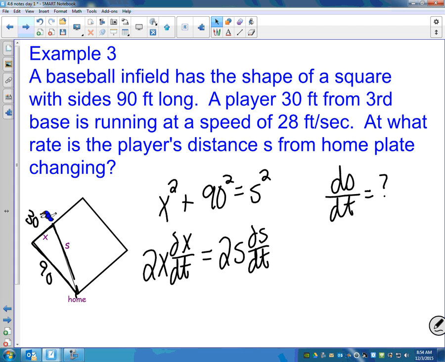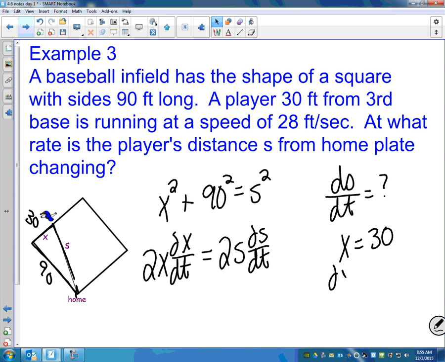I don't know the ds over dt. So I'm trying to find that, which means I should either know or be able to find all the other missing values. So at the moment that we're talking about, what is x? 30, right? He's 30 feet away.